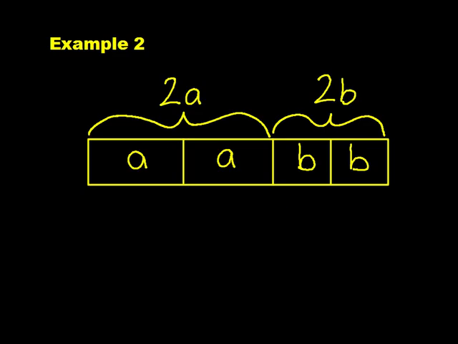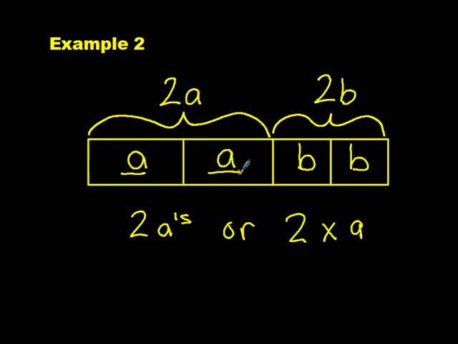Example number 2. Now we will take a look at an example with some variables. What does the model represent in words? Well, the model represents A plus A plus B plus B, or 2 A's plus 2 B's, or 2 times A plus 2 times B. So what does 2A mean? 2A means that there are 2 A's, or we can think of it as 2 times A. And how many A's are in this model? 1, 2.